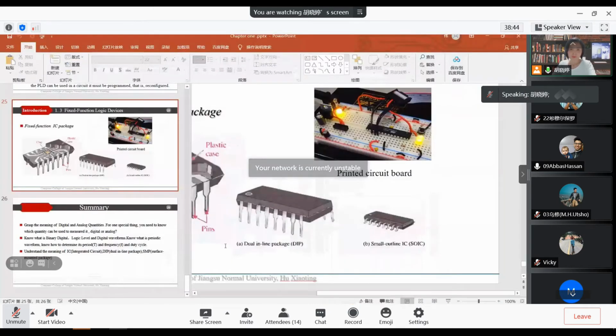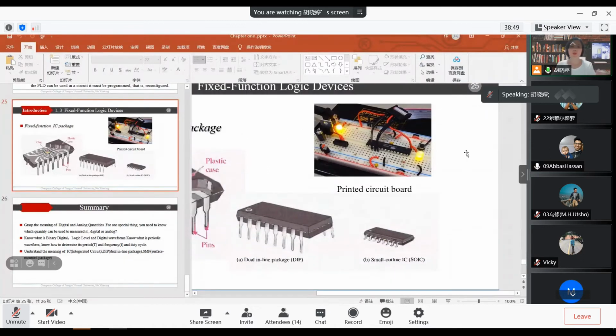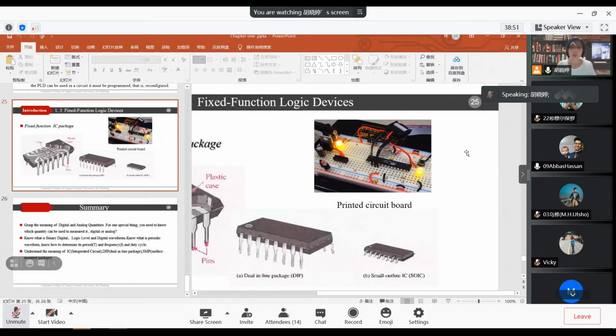Okay, so for chapter 1, we just know some concepts, to help you understand the basic concepts, so that you can understand the following knowledge points.